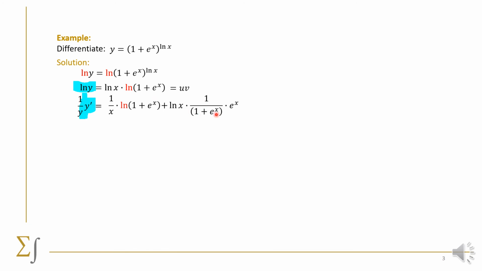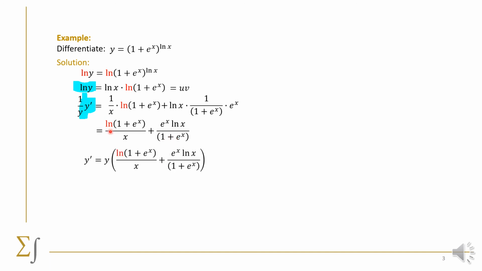Here's the 1 over inside. Here's the derivative of inside. Next, we simplify, and we will write this first term as ln of 1 plus e^x over x. And for the second term, we'll take the ln x multiplied by e^x and put it in the numerator. The denominator is the 1 plus e^x.